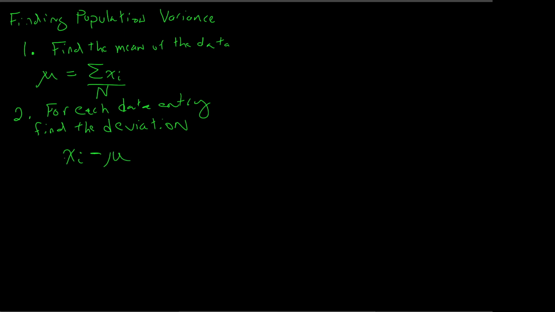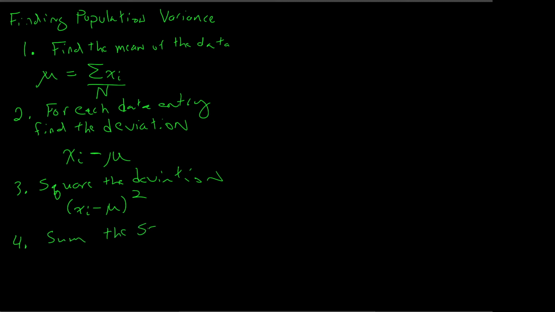So you do this on each piece of data, and you get the deviation. Square the deviation, which is going to be the individual piece of data minus the mean, squared. And then sum the squares, which is you take the sum of all the squared deviations.